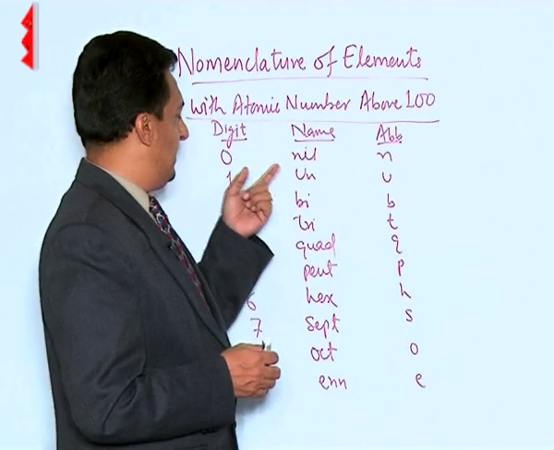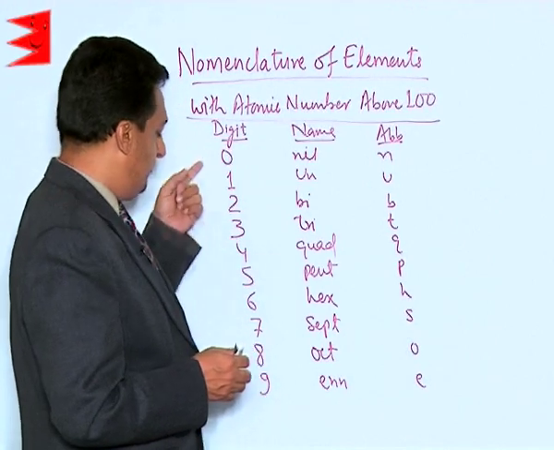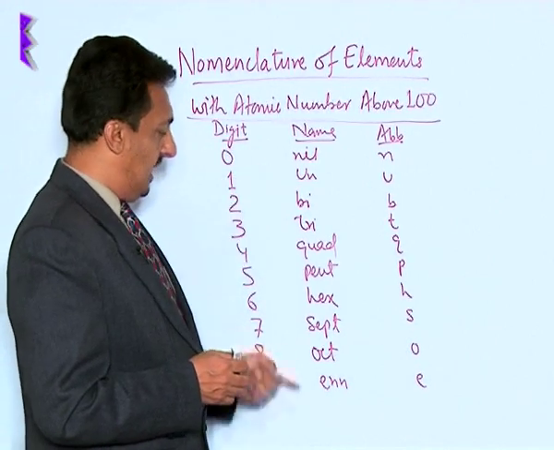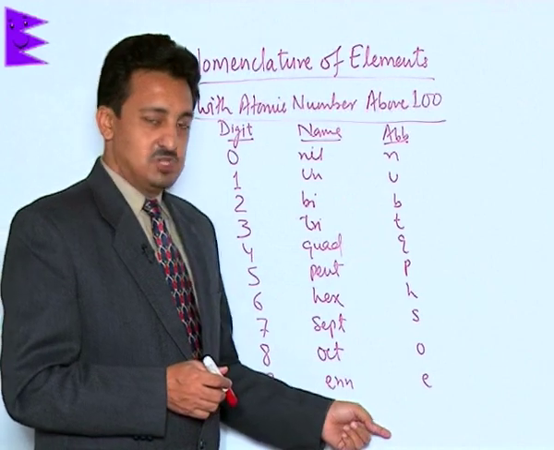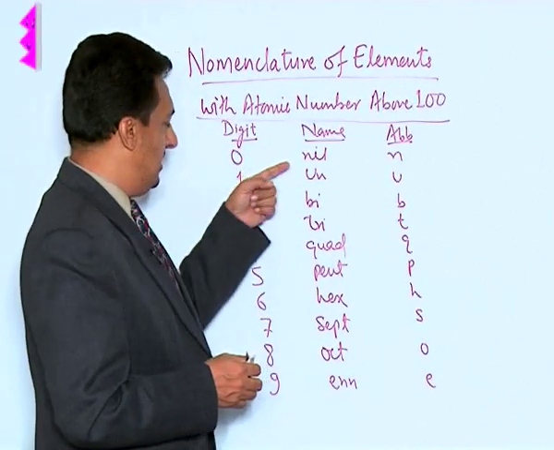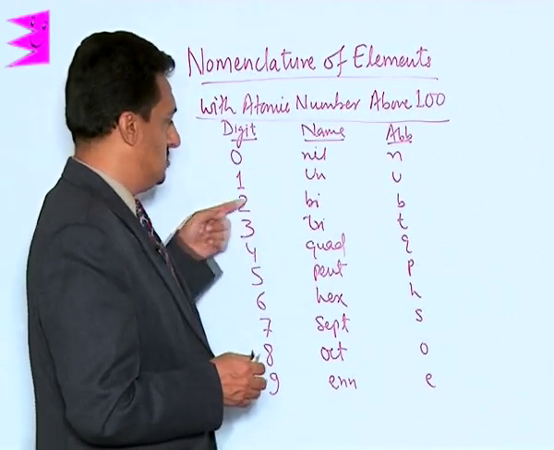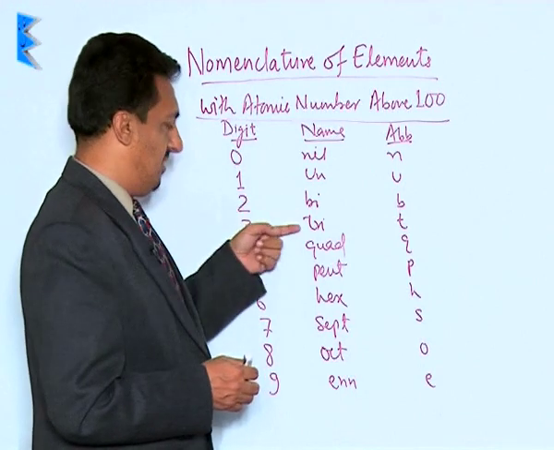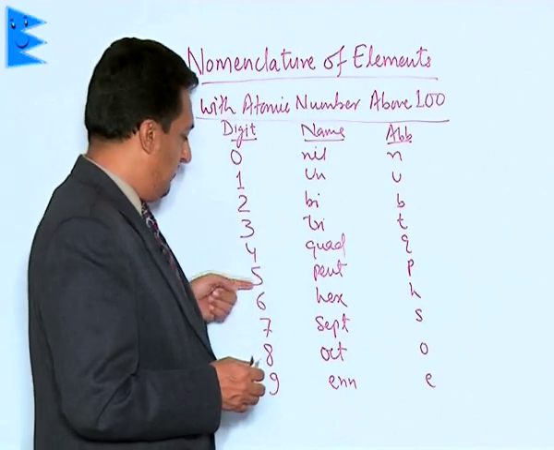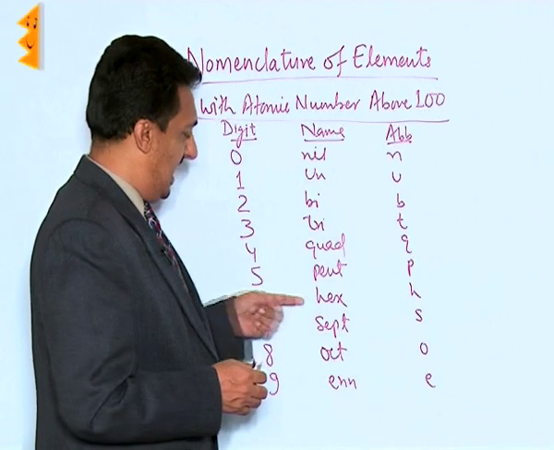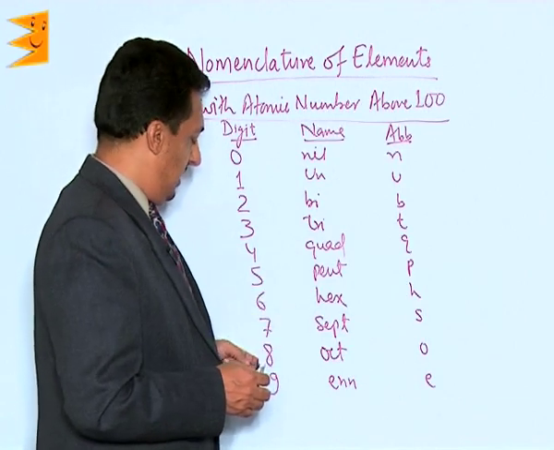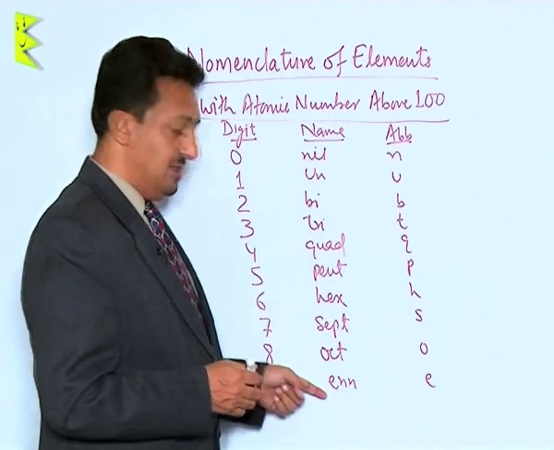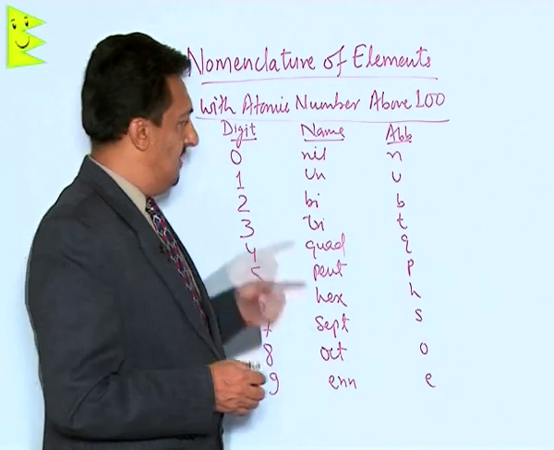You first need to understand that the digits from 0 to 9 were given certain names and abbreviations: 0 is called nil, 1 un, 2 bi, 3 tri, 4 quad, 5 pent, 6 hex, 7 sept, 8 oct, and 9 enn.